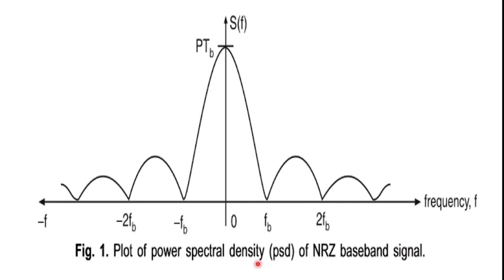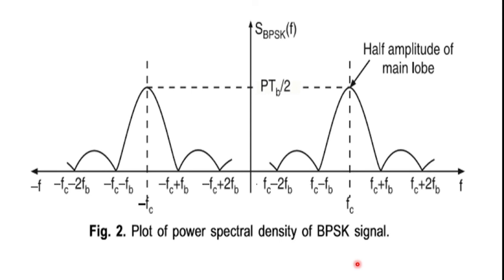This is the graphical representation of the power spectral density of the non-return to zero baseband signal, and this is the power spectral density of the binary phase shift keying signal.